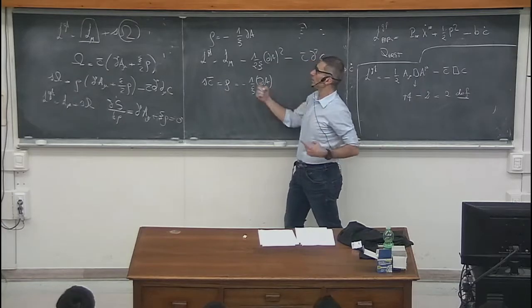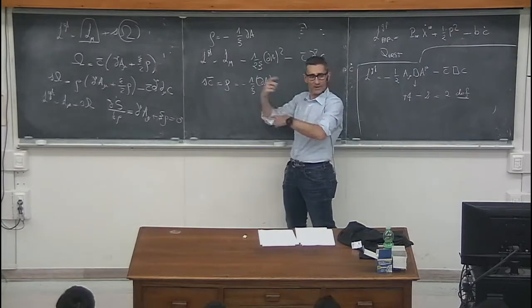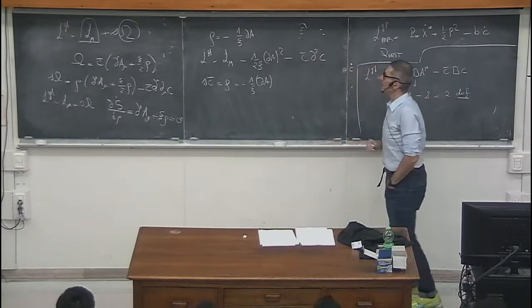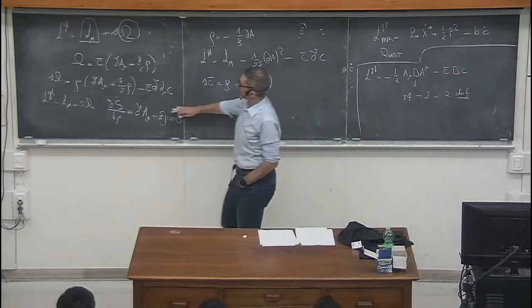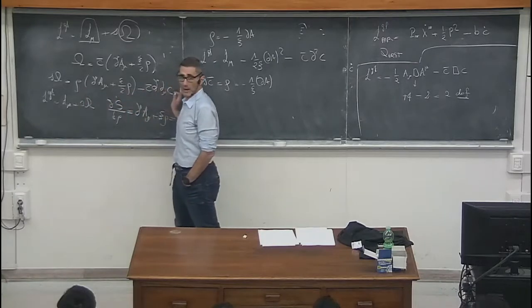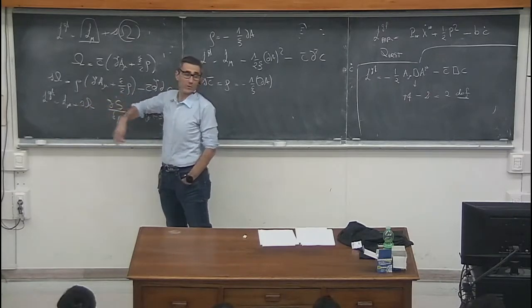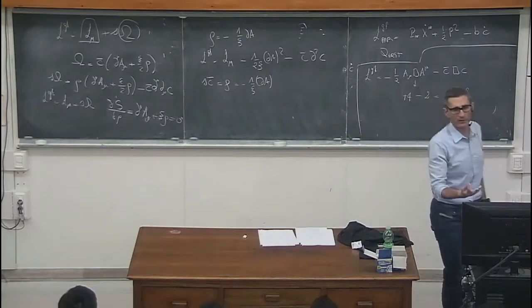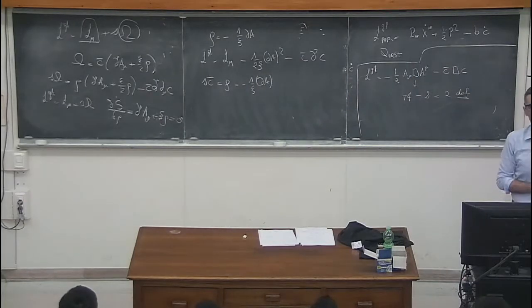Then you need the field c bar in order to have a nilpotent BRST. It is a little bit tricky, but you can either work with all these fields rho, c, and c bar, or you can eliminate rho at this level. Namely, the choice of gauge fixing is my choice. It doesn't depend on the BRST symmetry.